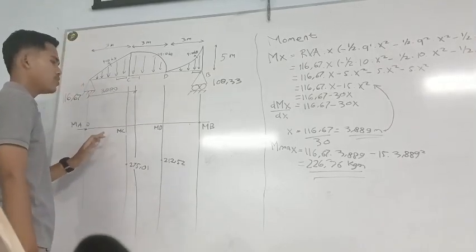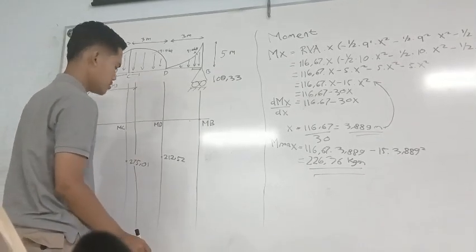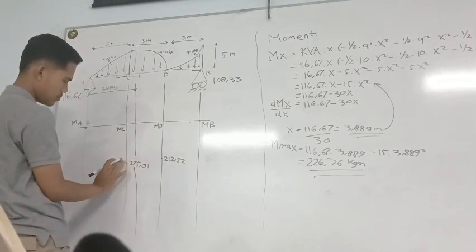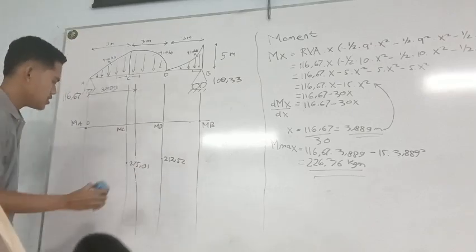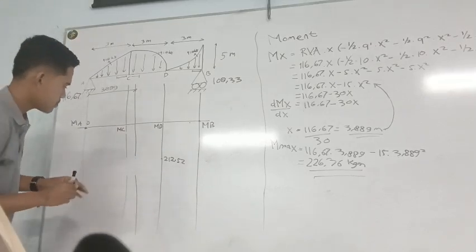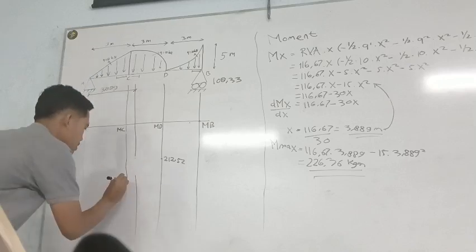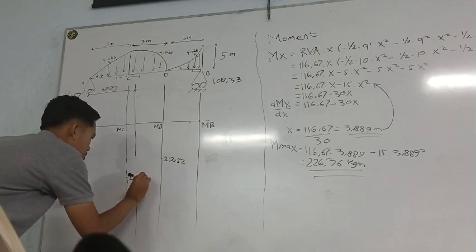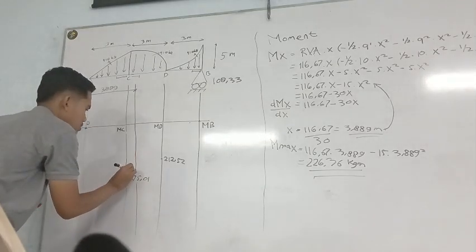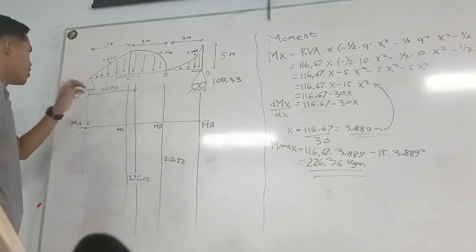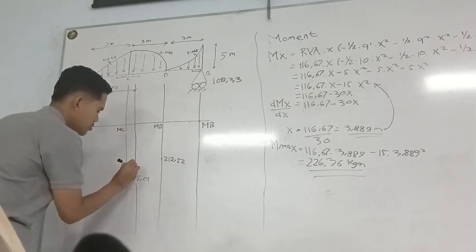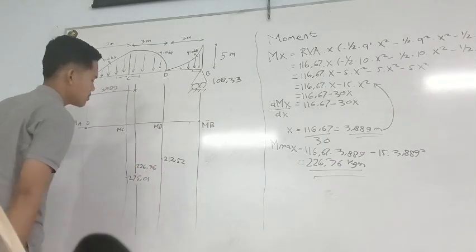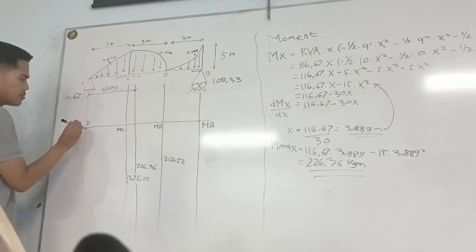And then the value of Mx, let me erase it. So the value of Mx should be in here, 226.36. And then we draw the diagram.